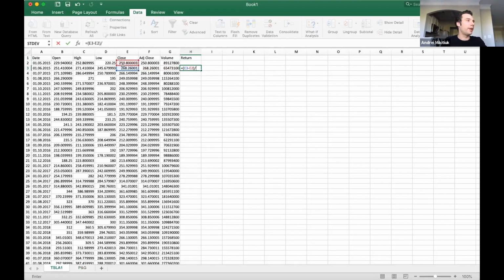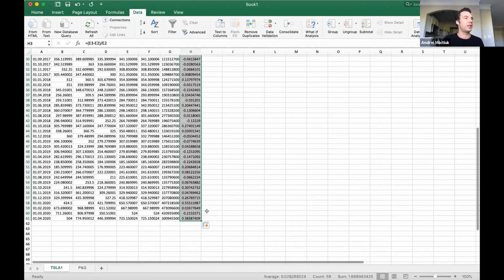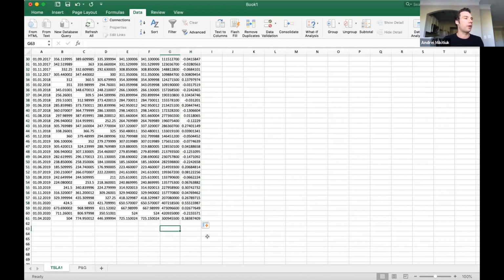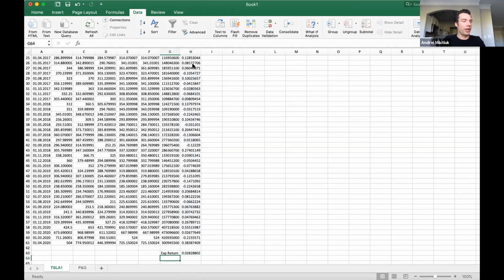Feel free to stop me and ask questions if any of this doesn't seem to make sense. So now we have all these monthly returns for 5 years' worth of data, so basically we have 60 data points. Now we can calculate the mean return, which is our expected return, because that's the best expectation we have.